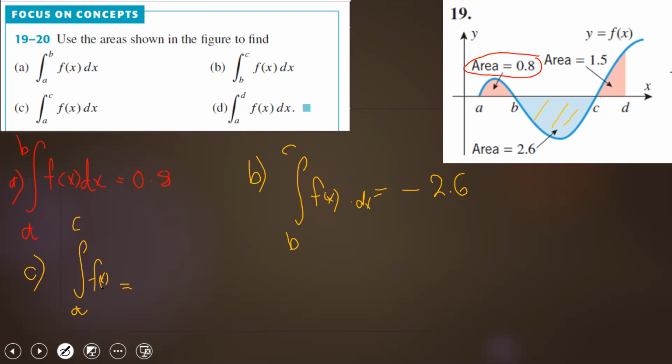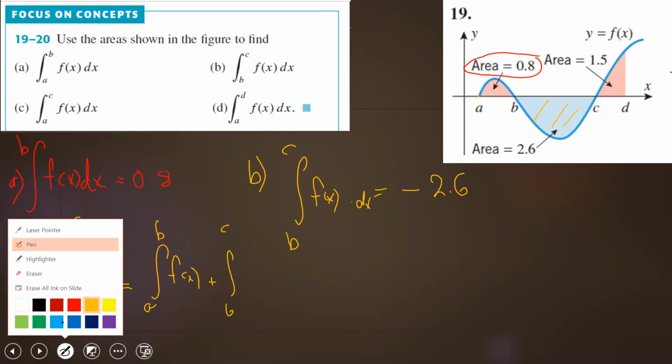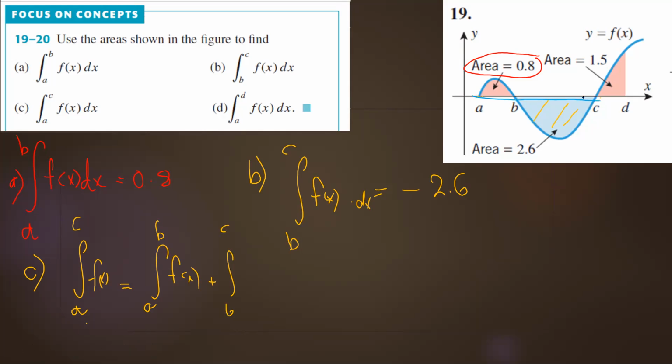Two shaded areas. So I will say it's from A to B plus from B to C. From A to C, we are passing two areas, AB, then BC.